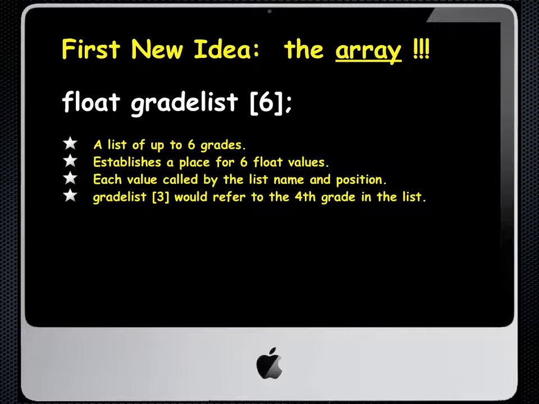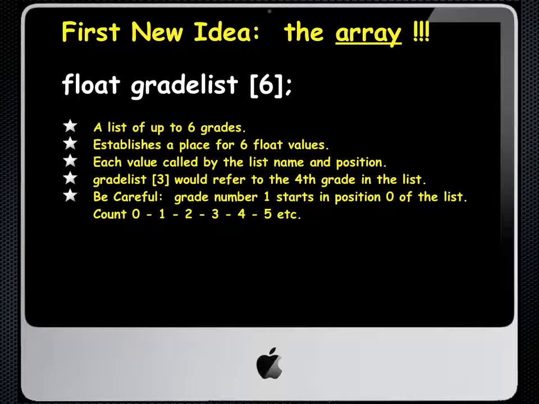Well, actually no. And that's because in computer science we often start counting from 0. So the first position in an array is its location at 0. That's because instead of counting beginning with 1, we count beginning with 0. So if I wanted to count out 6 numbers, I would go 0, 1, 2, 3, 4, and 5.